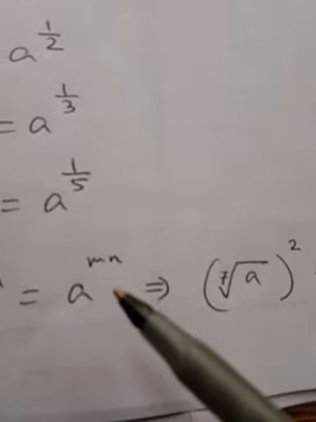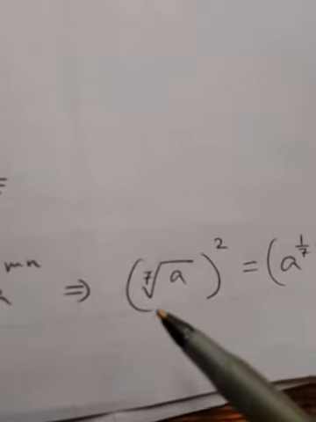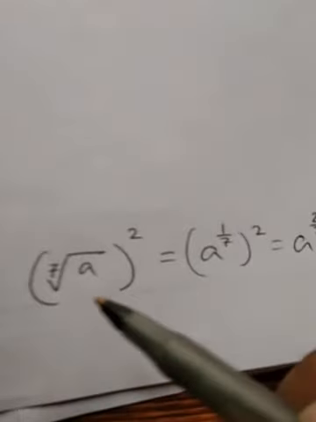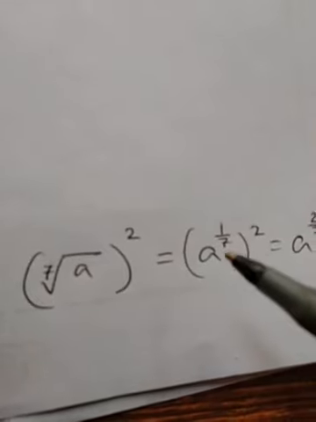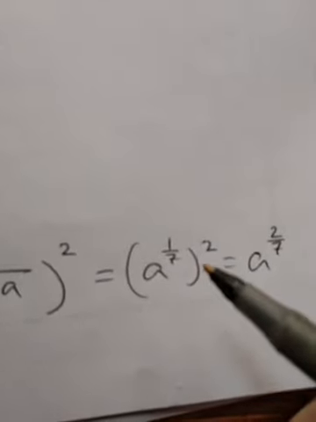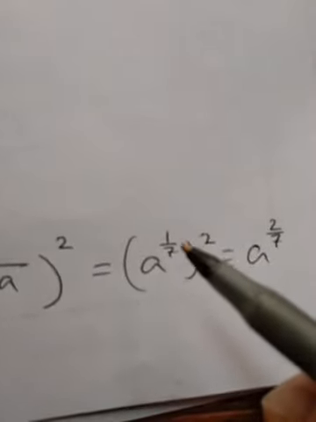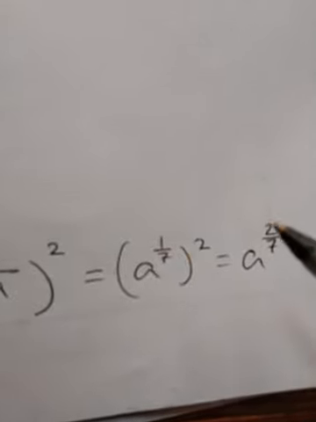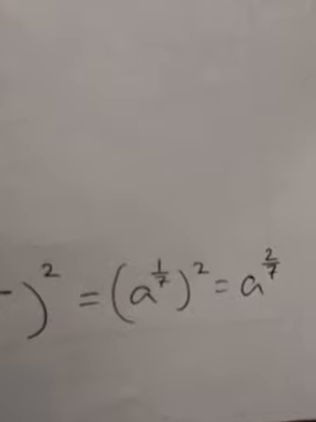Using this, if we write the 7th root of a whole square, then the 7th root of a becomes a to the power 1 by 7 whole square, and then 2 and 1 by 7 are multiplied, so this becomes a to the power 2 by 7.